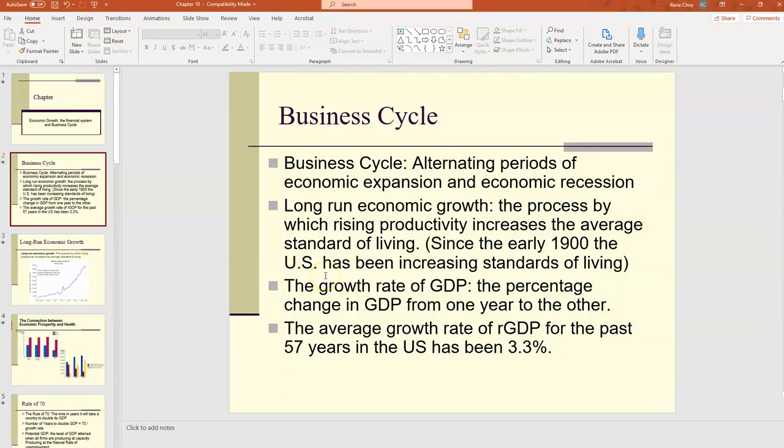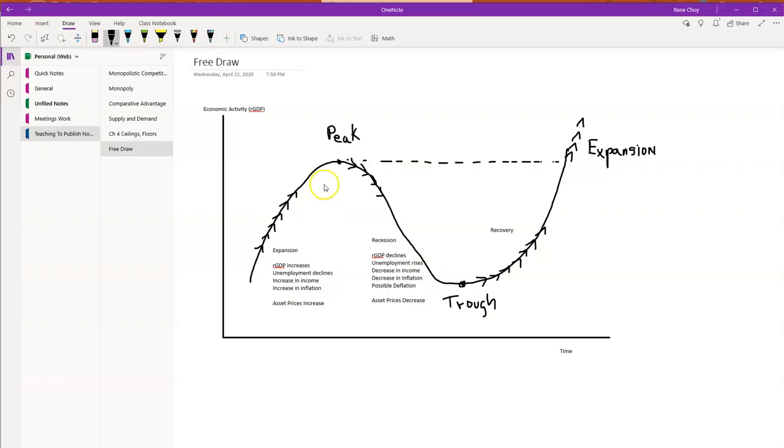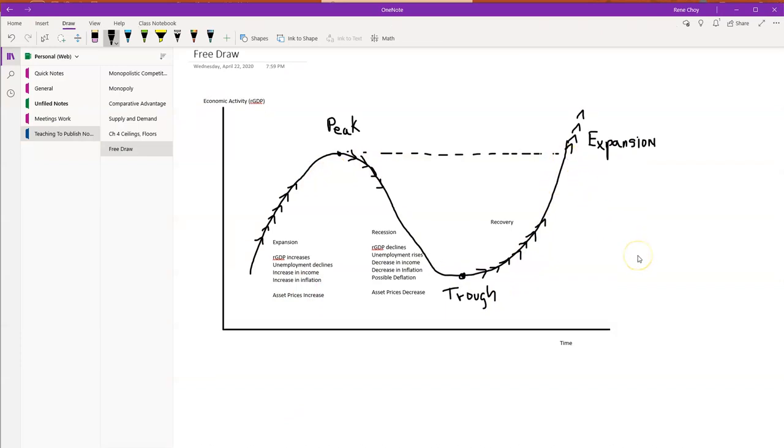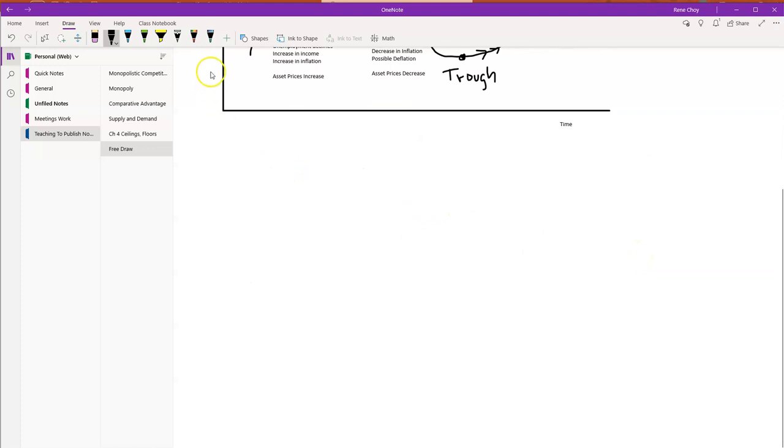All right. Now, how do we achieve long-run economic growth if we know that you have periods of expansion followed by periods of recessions? Doesn't that mean that you go up, then you go down, and then you end up in the same place that you did before? Well, it would if that was the way that you would actually see it, but that is not what we see today.